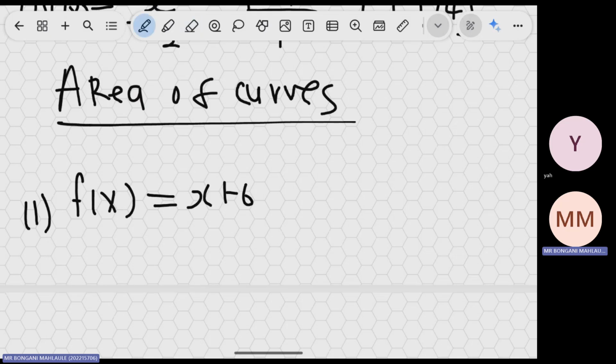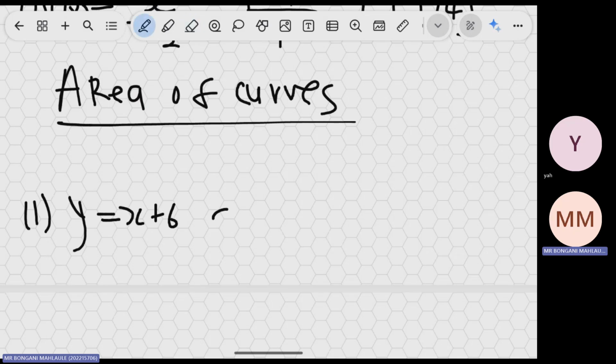You are having x plus 6, and then they say area of curve. Okay, they give us these 2 functions, and y equal to x squared. This one doesn't have intervals. Okay. Let me check this one out.